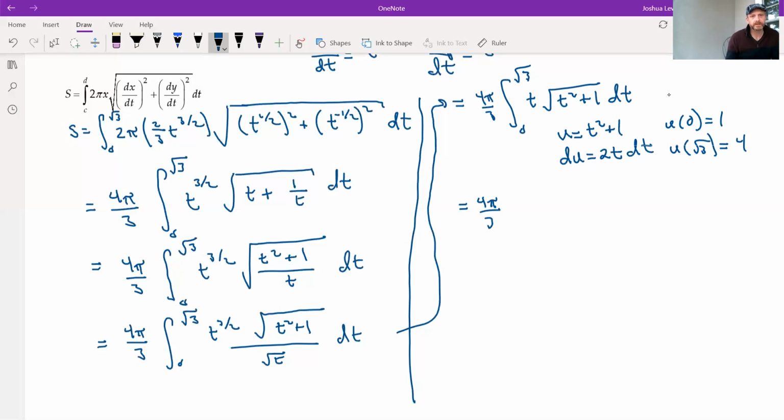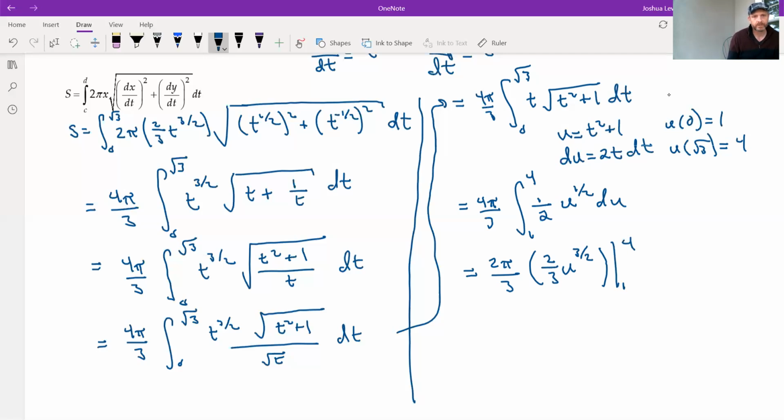So this is going to be from 1 to 4, 1/2, and then square root of u to the 1/2. So we're going to get a 2 pi thirds. And then u to the 1/2 will be what? Well, 2/3 u to the 3/2 from 1 to 4.